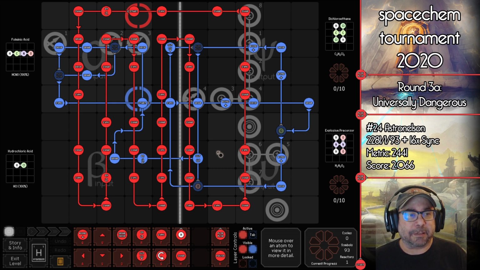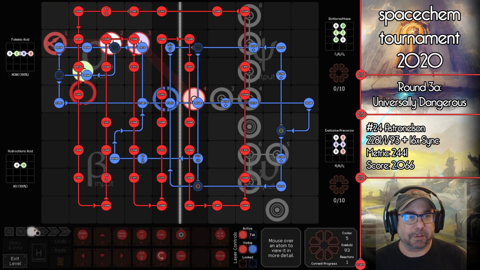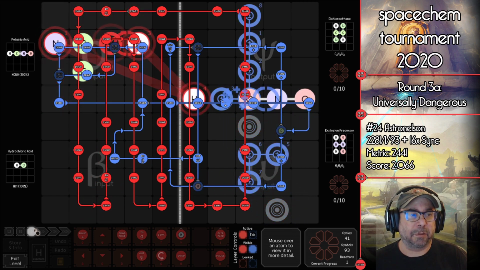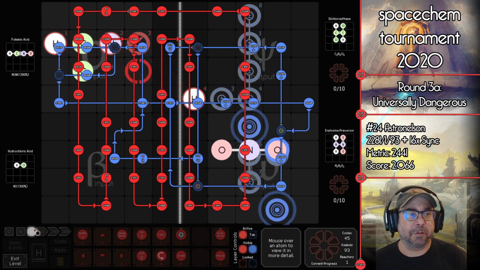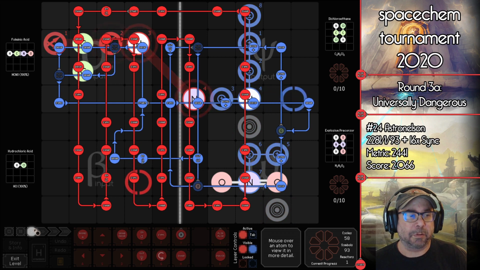Right. So in Astronelson's solution, red inputs alphas and has a huge swap and sync chain to determine what atom blue actually ends up picking up. Blue will later input HCl and does all of the construction. Kind of similar to darkid's solution, the main problem with this is that there's a lot of waiting around done by red, where red isn't actually doing very much, whereas blue is taking care of pretty much everything else.